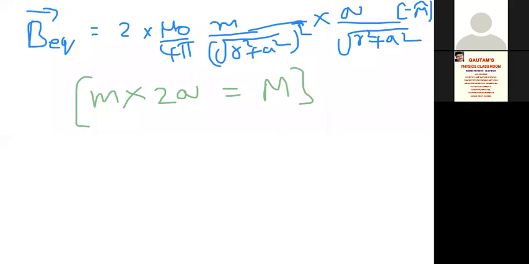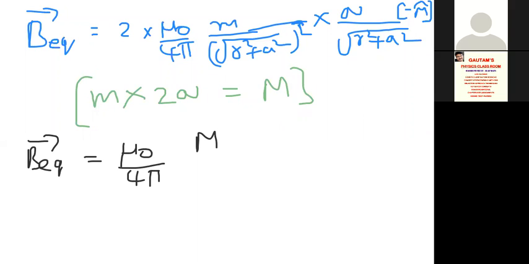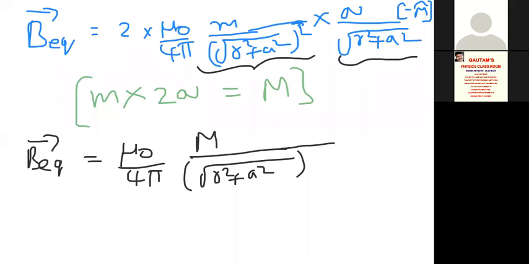So let me write now. B equatorial bar is mu naught by 4 pi, in the numerator small m into 2a, which I am writing as capital M. In the denominator, square root of r square plus a square whole square, and one more such term; these two together I can write as cube, into minus m cap.